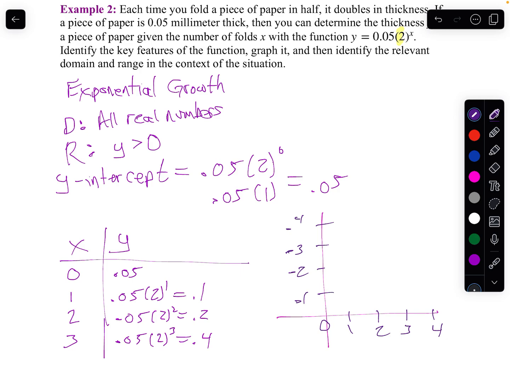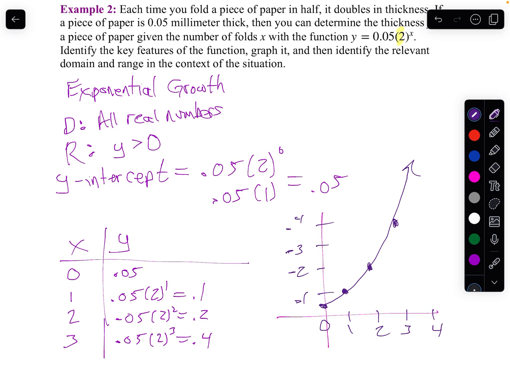So when you're at 0, you're at 0.05. When I'm at 1, I'm at 0.1. When I'm at 2, I'm at 0.2. When I'm at 3, I'm at 0.4. You see how it's starting? At first it looks like it's linear, then it starts growing and growing and growing.